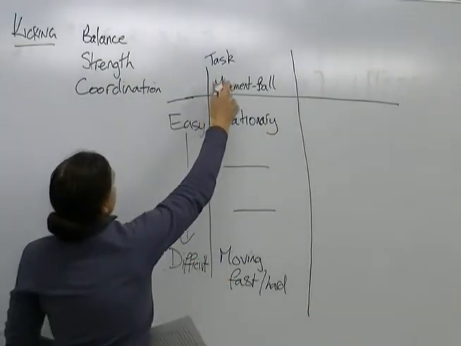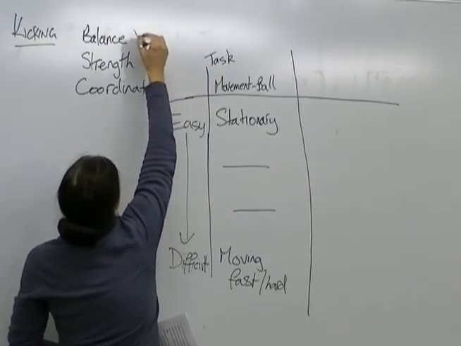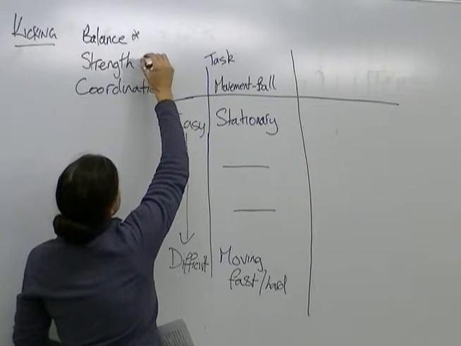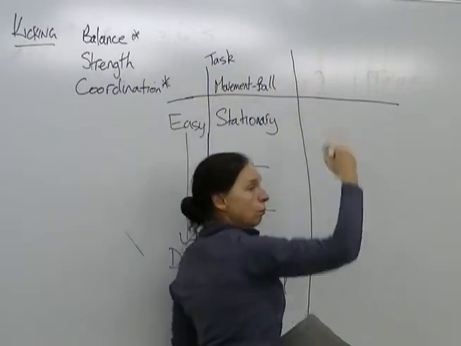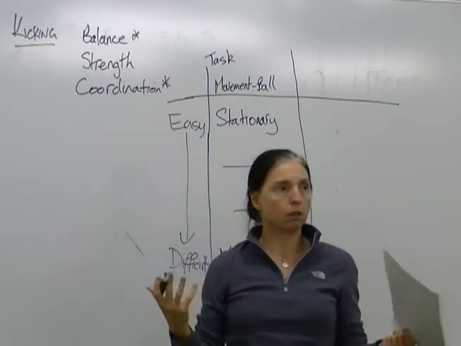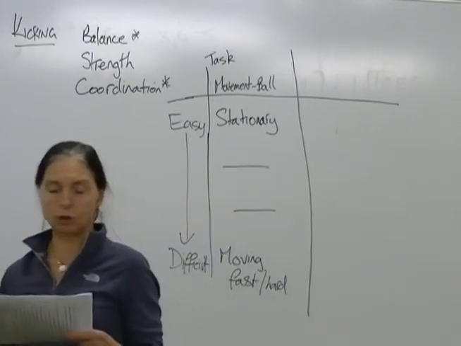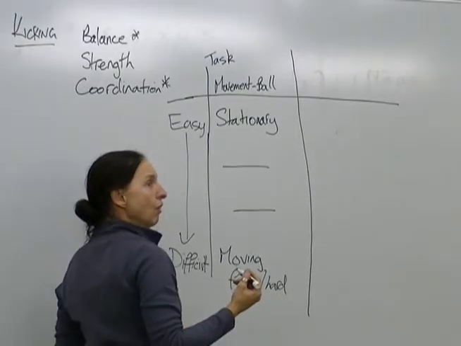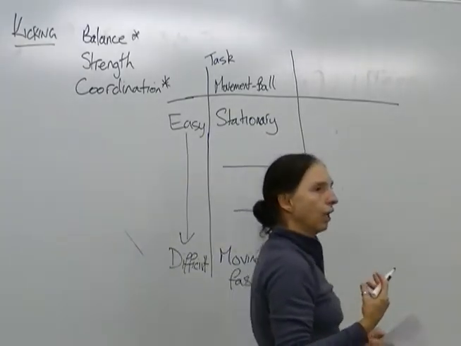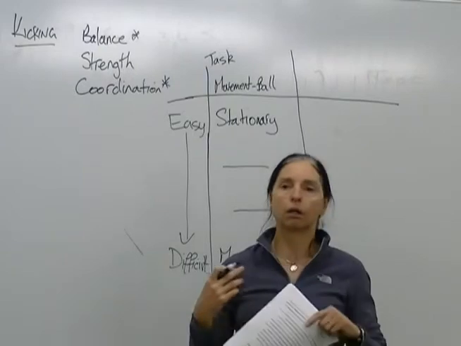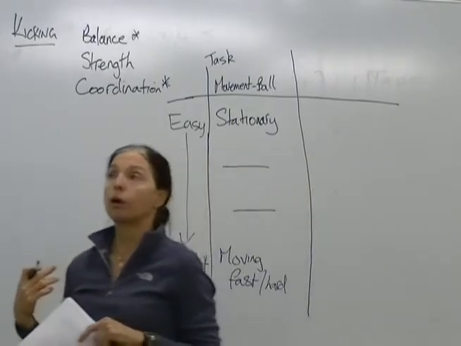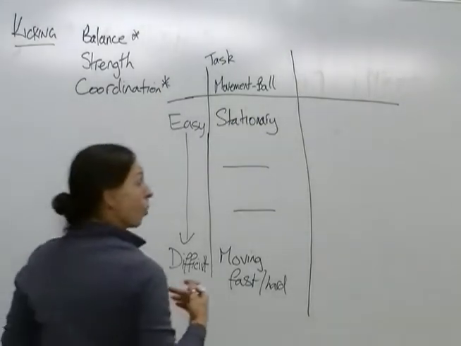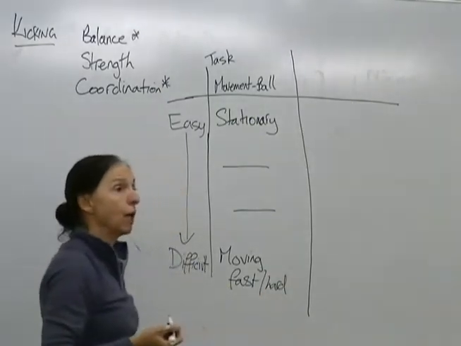So movement of the ball would help with balance and it might help with coordination. What could I do that might help with strength that would be another task constraint I could change? Right? If someone's not very strong and I'm asking them to kick, like how heavy the ball is or the size of the ball? You could do size or weight of the ball. That would be a good one.